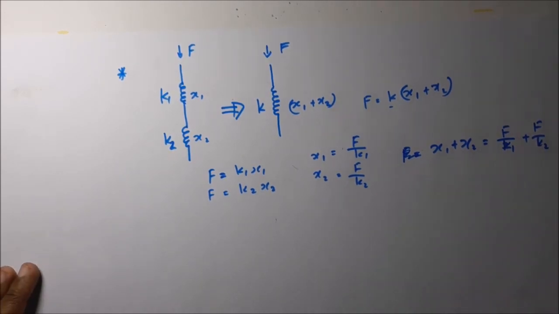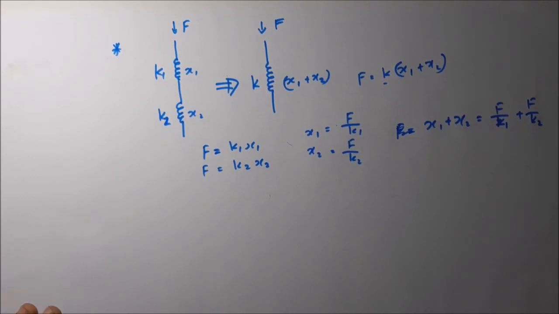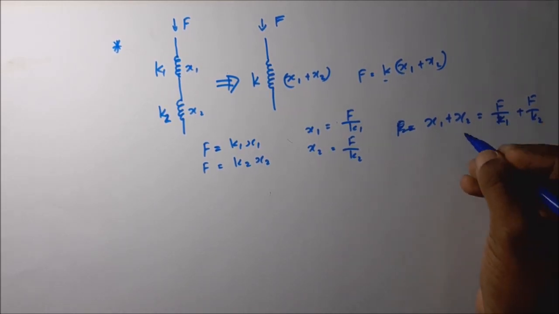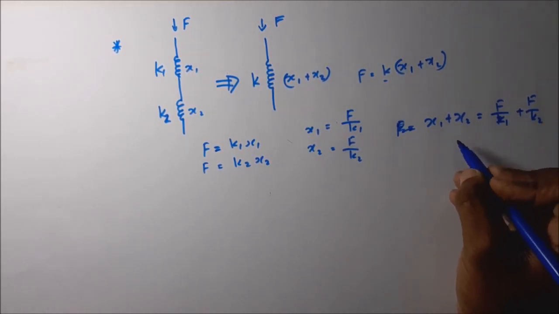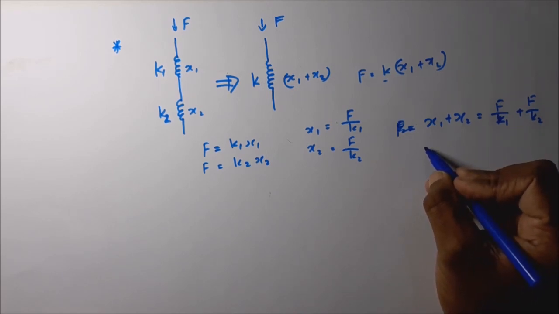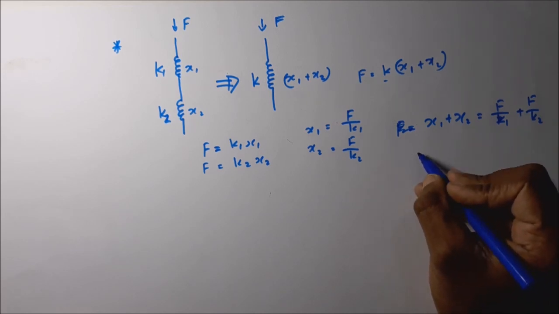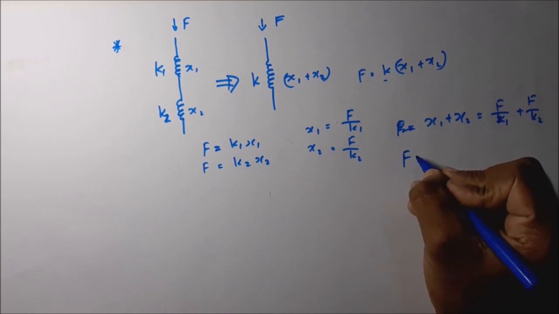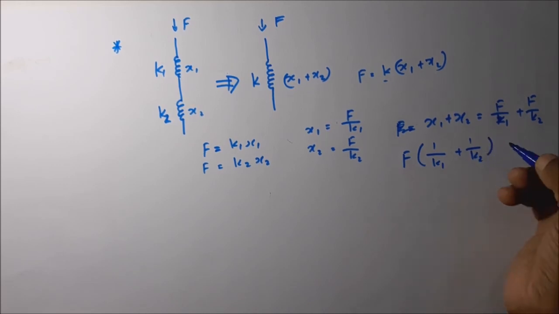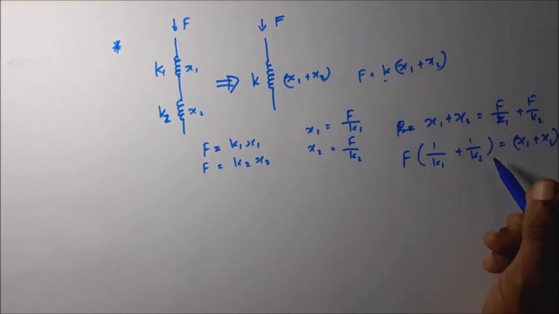Then by taking F out, F times (1 over k1 plus 1 over k2) is equal to x1 plus x2.